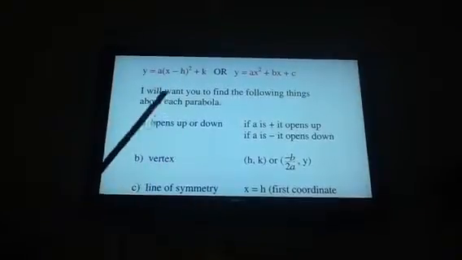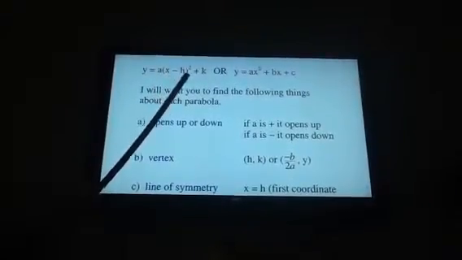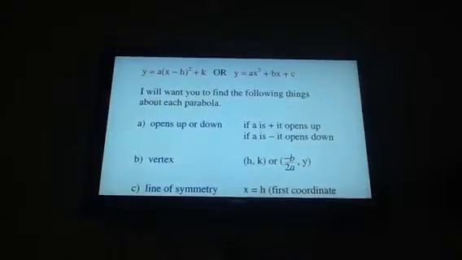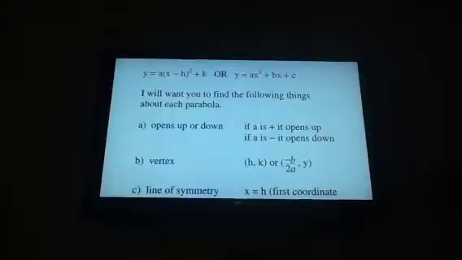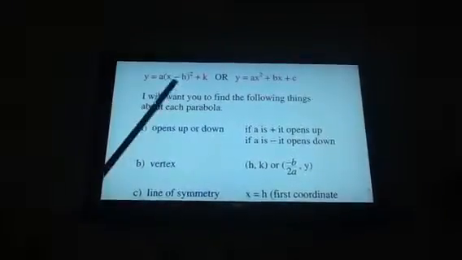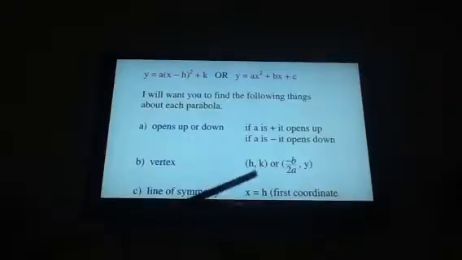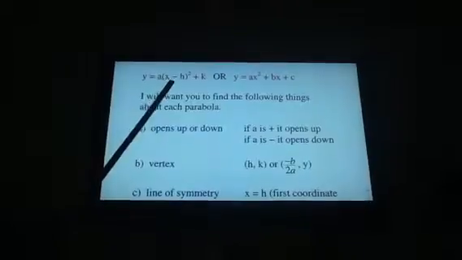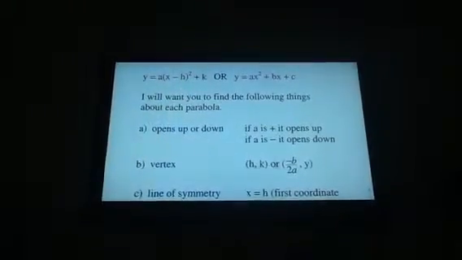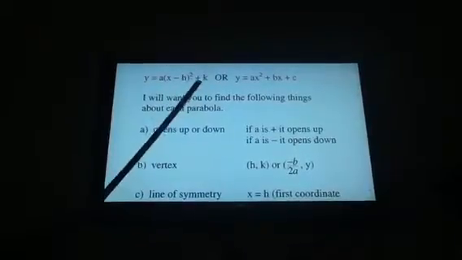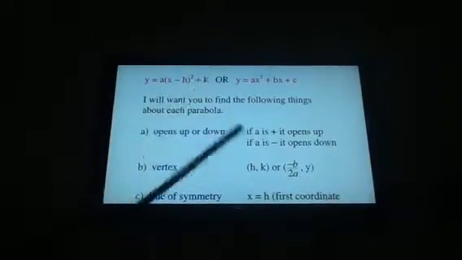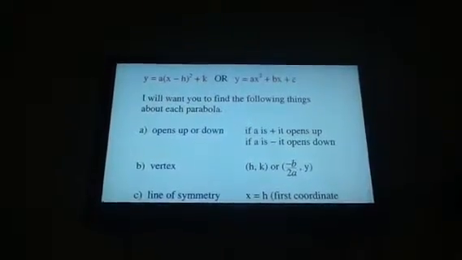So for example, if this said x minus 3, my h is a positive 3, because the standard form has a minus, so the h value is just a 3. I usually say, take the opposite of what you see here. And whatever that says out here, plus or minus exactly that, that's my k value. So my vertex from this kind is (h, k). All you have to do is look at it to get the vertex.